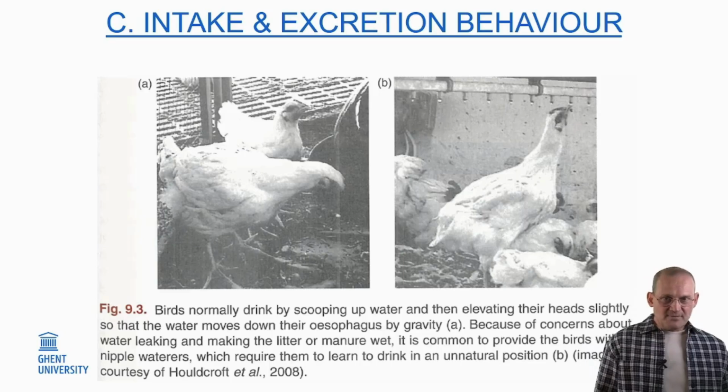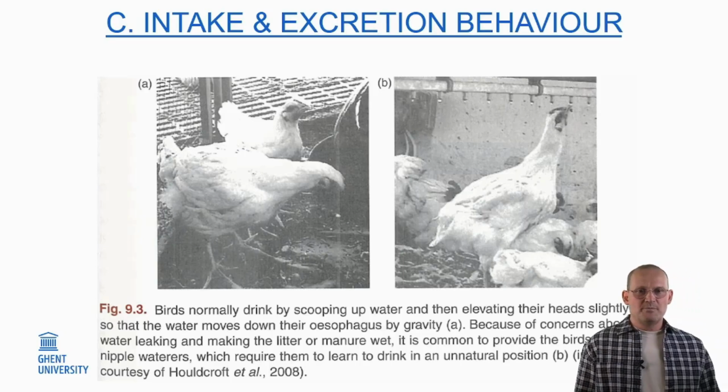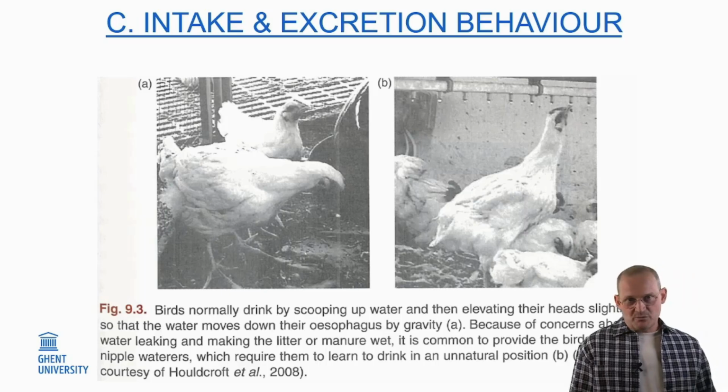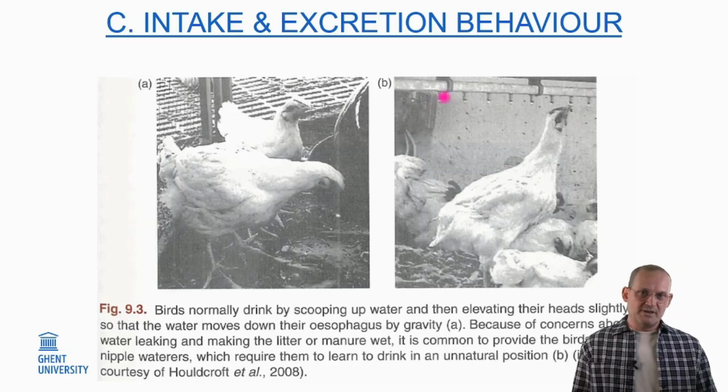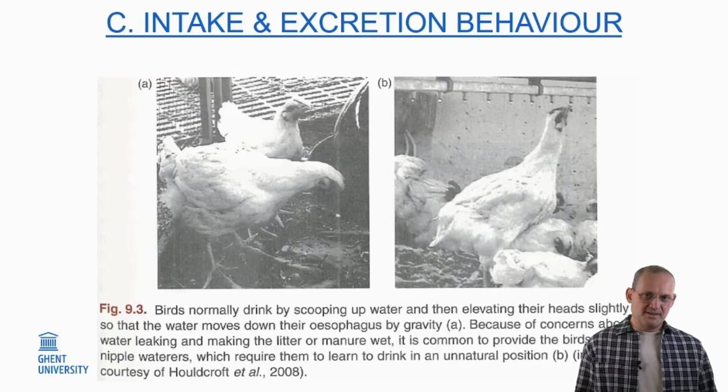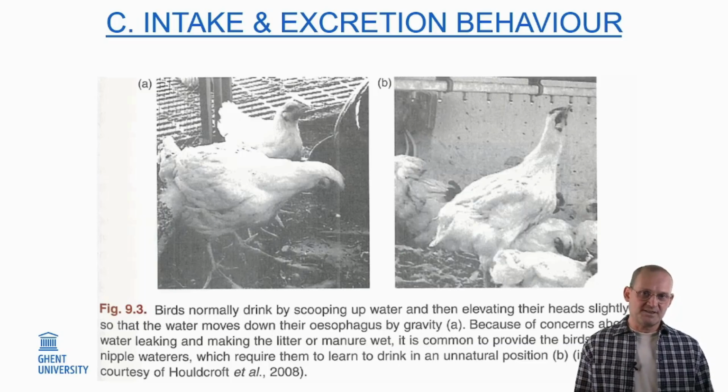And there could be two problematic situations, because as the birds grow, these drinker lines are being put higher and higher. But in every flock, there are individuals with stunted growth that don't grow as fast as the other animals. And for those small chickens, the height of the drinker lines may simply be too high for them to reach.